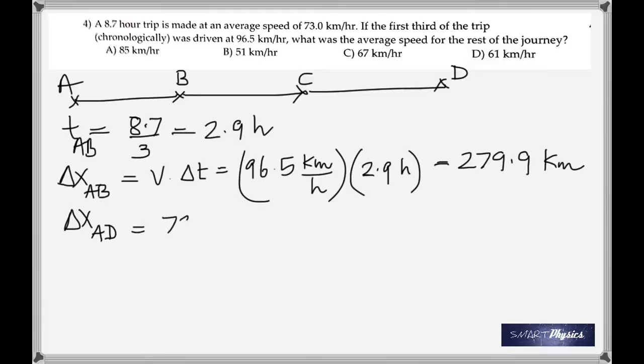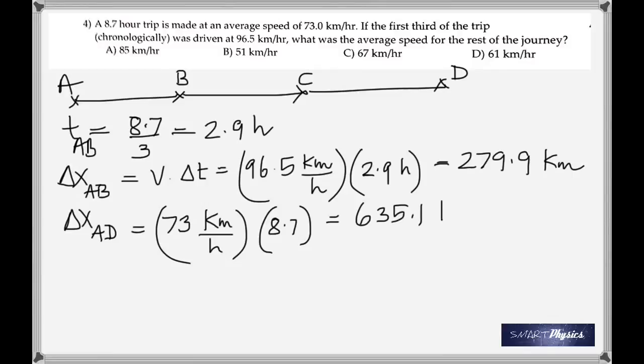Now the total displacement is the average speed for the whole journey, which is 73 kilometers per hour times 8.7. So you get the total displacement, AD. So now you could find out the displacement BD, subtracting 635.1 minus 279.9.